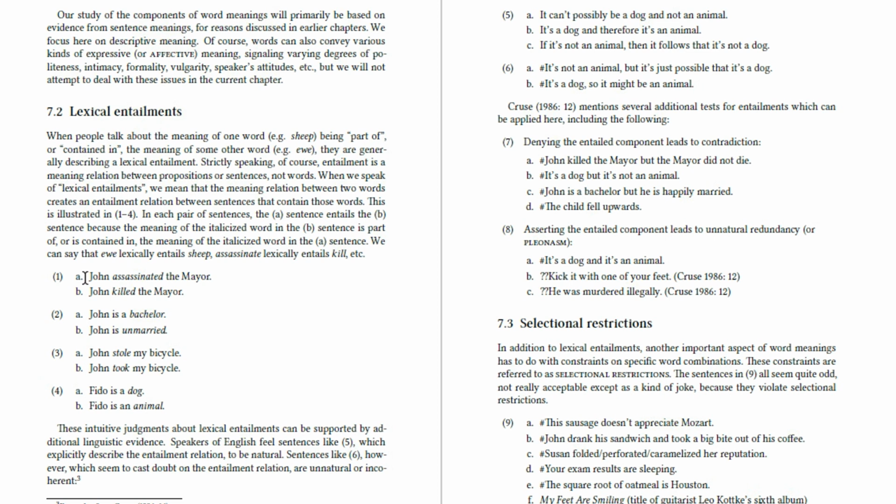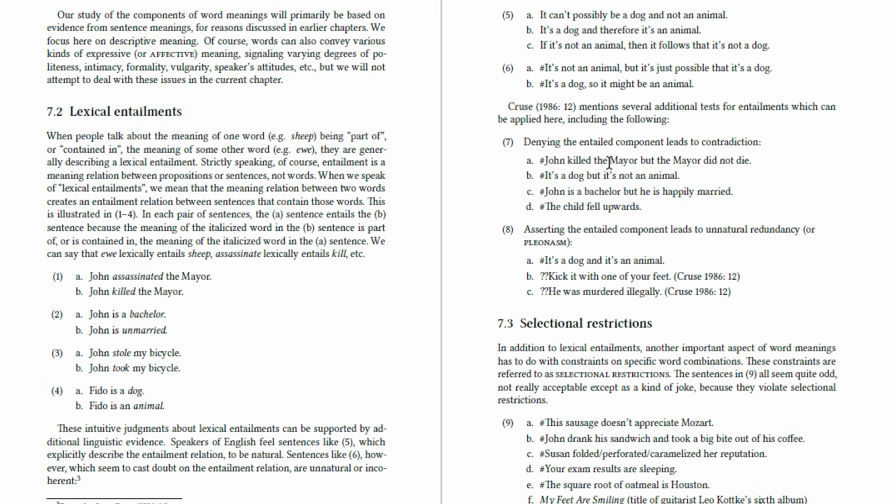And number two, John is a bachelor and John is unmarried. They are the same for the same context and same meaning. Why? Because a bachelor means he's still single, and John is unmarried. So that's what we call the real entailment.